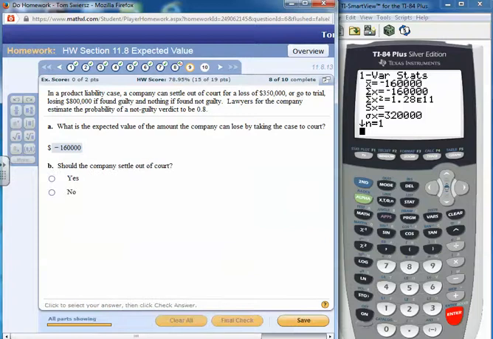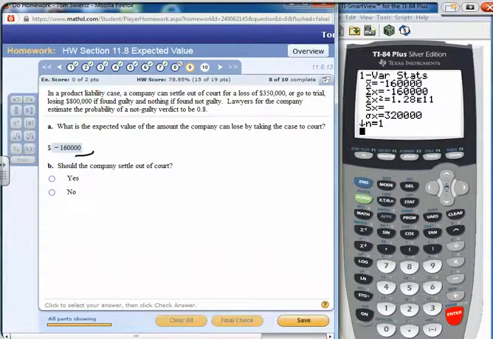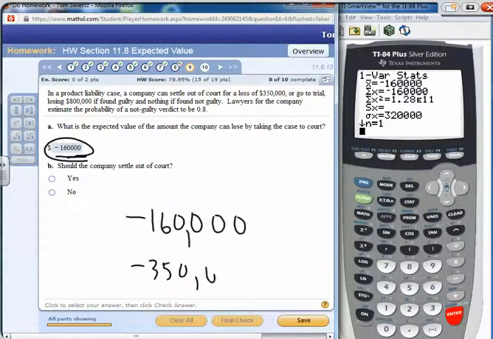Okay? Now, should the company settle out of court? Well, they should go to court, I'm sorry, because the expected value is a negative $160,000. It's smaller than the loss they're automatically going to get from settling out of court, right?